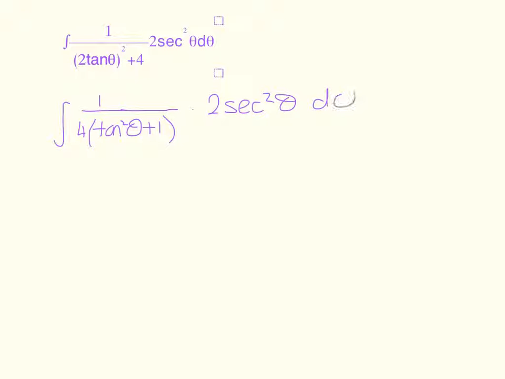d theta. Now, here is an identity that I need to recognise. Sec squared theta is equal to tan squared theta plus 1.